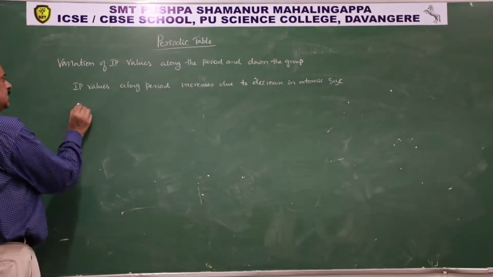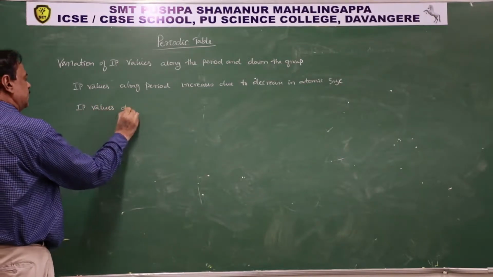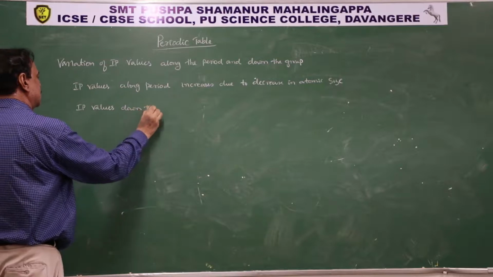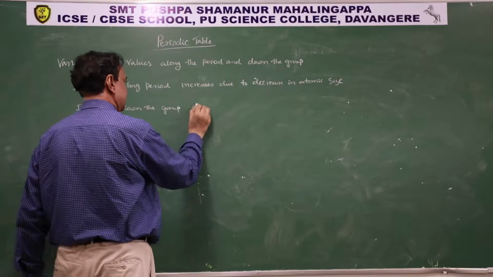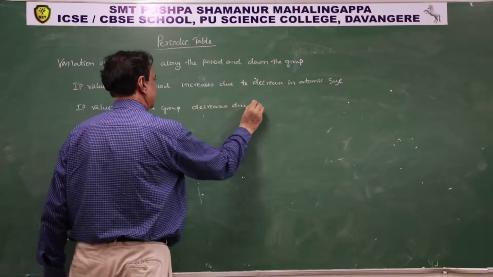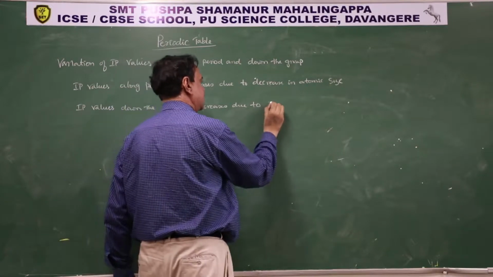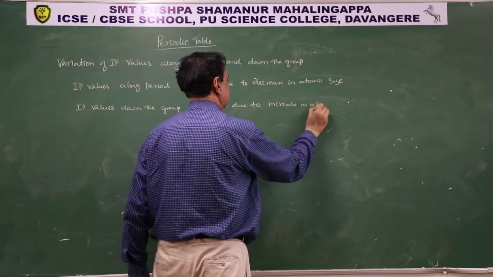IP values down the group decrease due to an increase in atomic size.